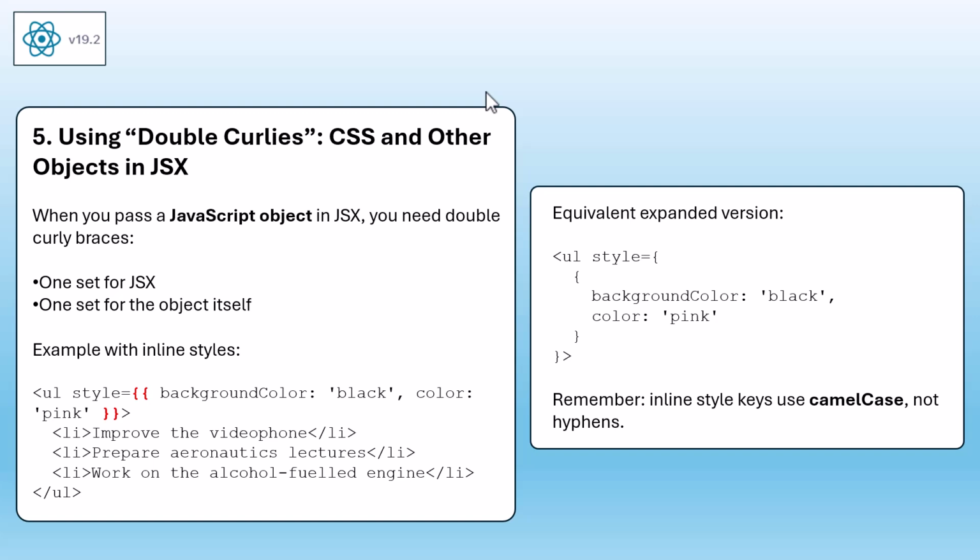This pattern often appears in inline styles, where each property follows JavaScript's camel case convention instead of the hyphenated style of regular CSS. For example, background color or font size are written in camel case when used this way. The double curly braces can look unusual at first, but they are nothing more than one set of braces inside another.